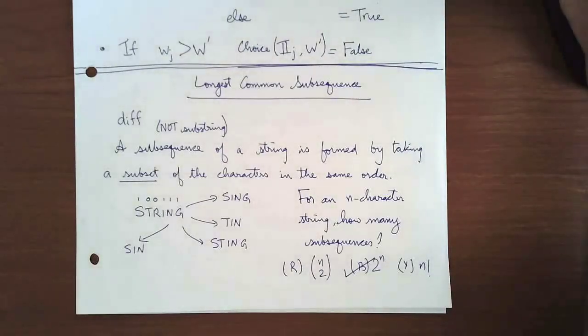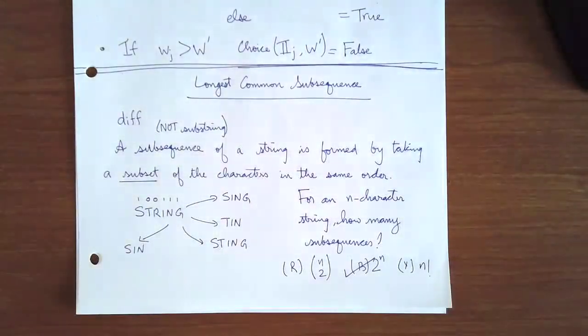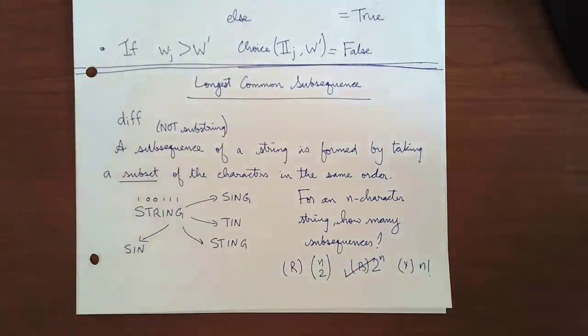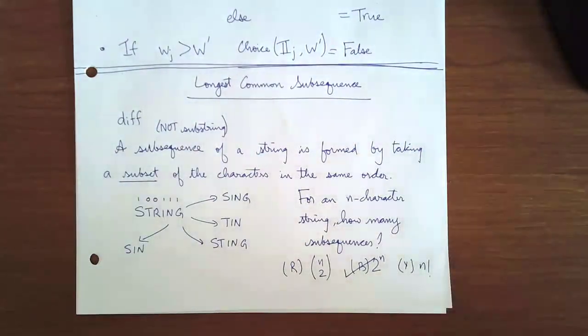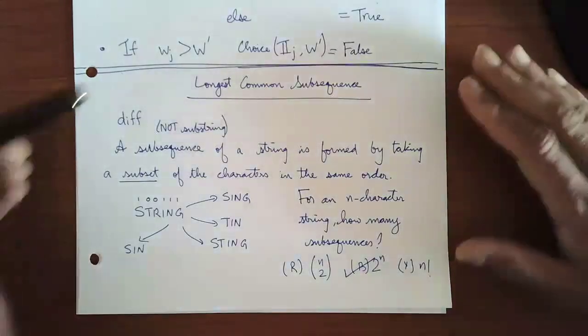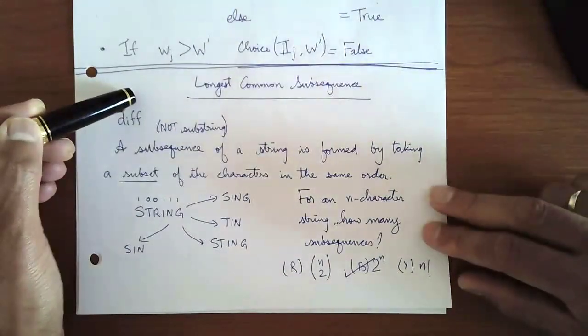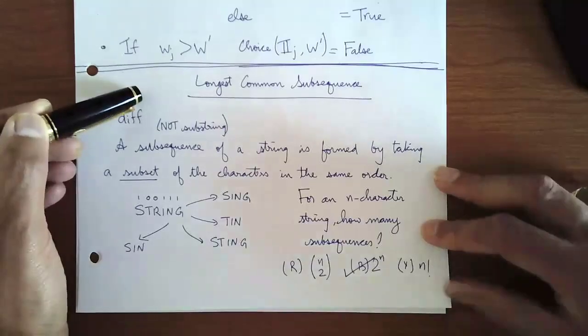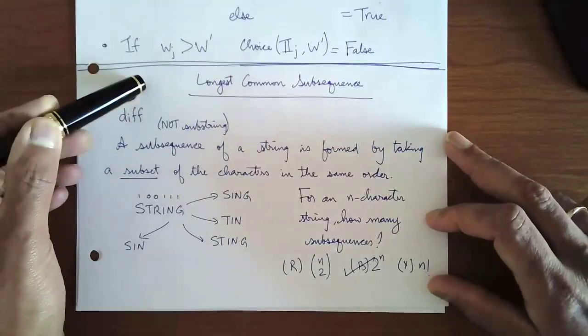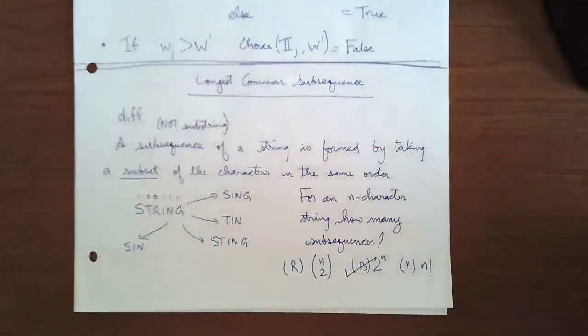So we were discussing dynamic programming, and so maybe I'll just go over what we did. The first thing I taught was the algorithm for the 0-1 knapsack problem. And towards the end, we were discussing the problem of longest common subsequence, which is a very classic dynamic programming problem.